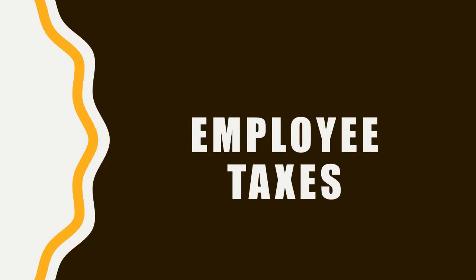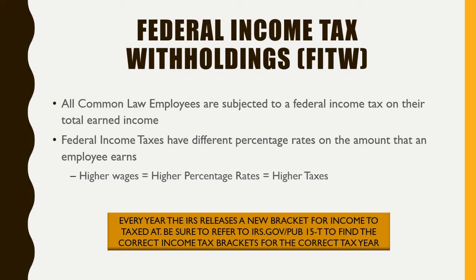Okay? So let's talk about what are the types of taxes that an employee is subject to have to pay into. So we first talked about the federal income tax withholdings. So this is why we require our employees to submit a W-4 form, right? Because that's going to tell me how much money I have to withdraw from their account to hold for taxes.